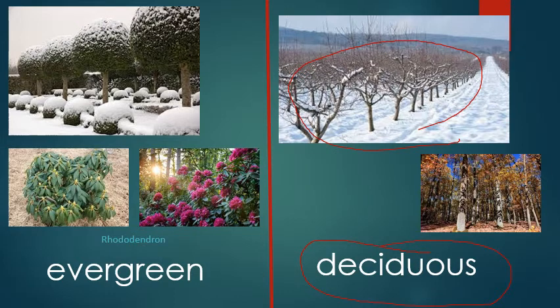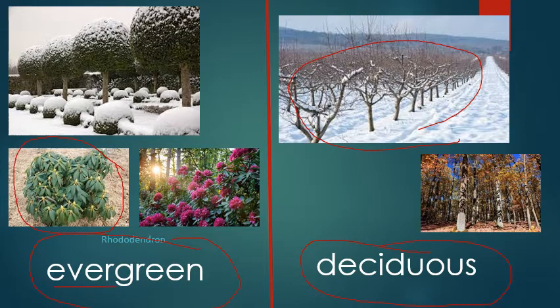Okay, if we have a look at evergreen, I just want you to pause for a second. What do we think evergreen means? The clue is in the word evergreen, which means they always have some sort of greenery on them, some sort of leaves.